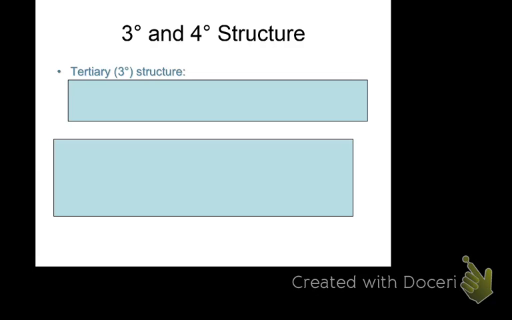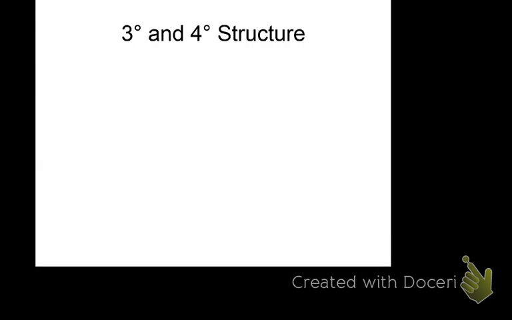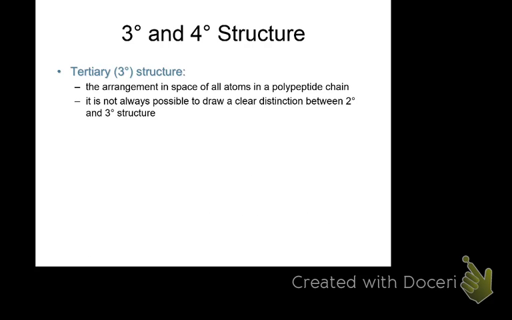So it's the global folding of the protein. It's the arrangement in space of all of the atoms, and polypeptide is just a way of saying protein. Right? Because it's got multiple peptide bonds.